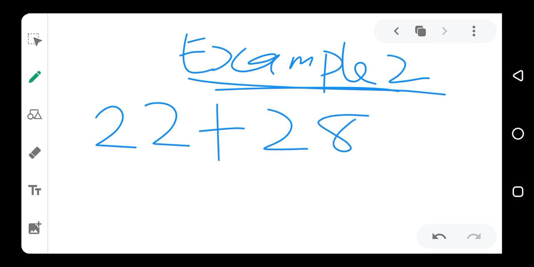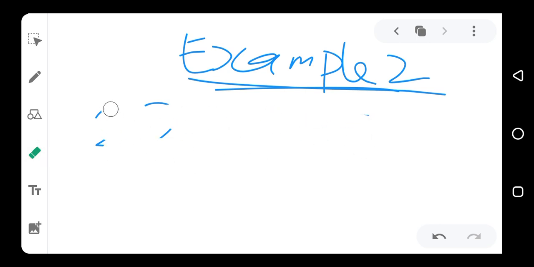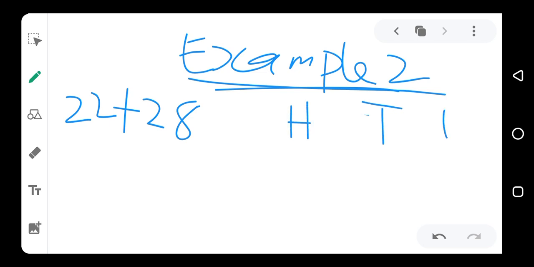Now see how we are going to do it. Now we write our hundreds, tens and units. We can write only tens and units.